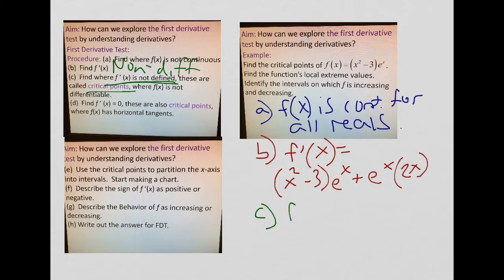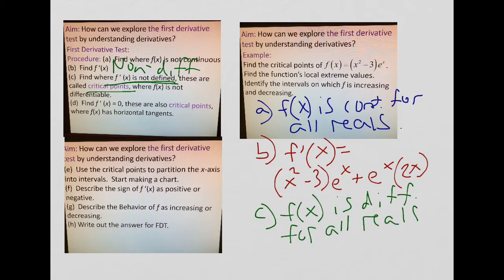So we can say that f of x is differentiable for all reals. Okay, so you can look back for when we did an example with EVT for where we found where it's non-differentiable. Just in this example now, it is differentiable.